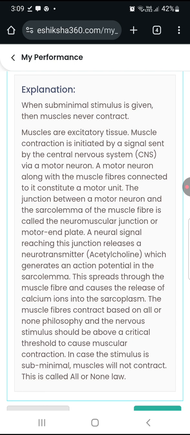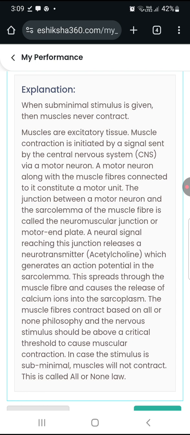A neural signal reaching this junction releases a neurotransmitter, acetylcholine, which generates an action potential in the sarcolemma. This spreads through the muscle fiber and causes the release of calcium ions into the sarcoplasm.